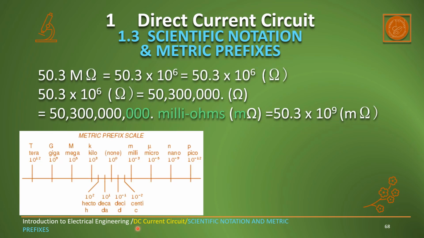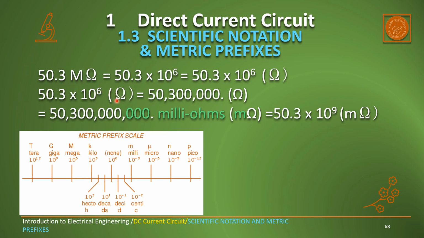We can write this form as 50.3 times 10 power 6, because the meg is 10 power 6 from this point. So we can write this as equal to 50.3 times 10 power 6 ohms.